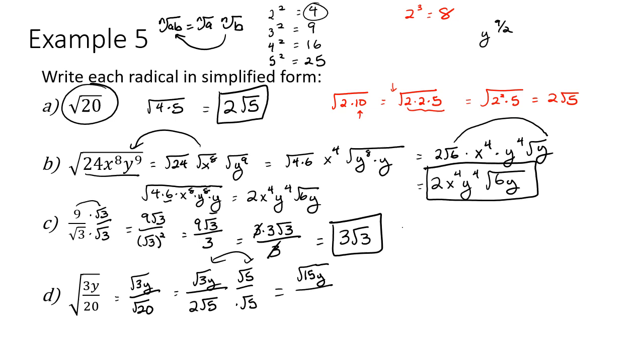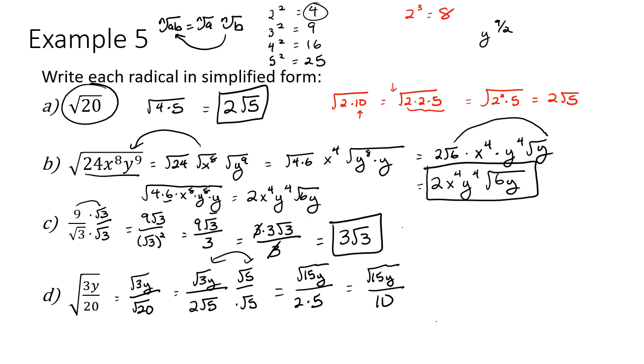And now in the denominator, we're going to get 2, that 2 out front is still there, times the square root of 5 times the square root of 5, or the square root of 5 squared, which is just 5. And so now that that 5's out of the square root, we can multiply it with the 2, and this would be the square root of 15y over 10.